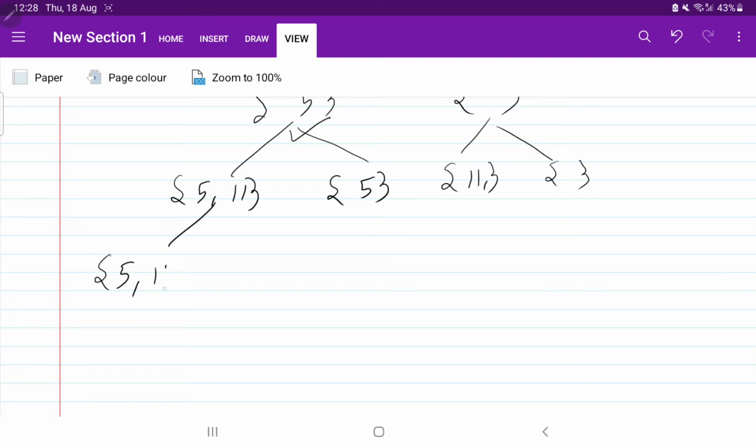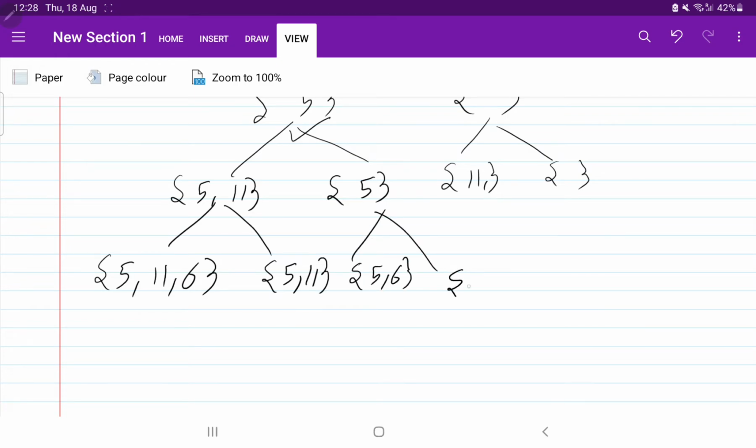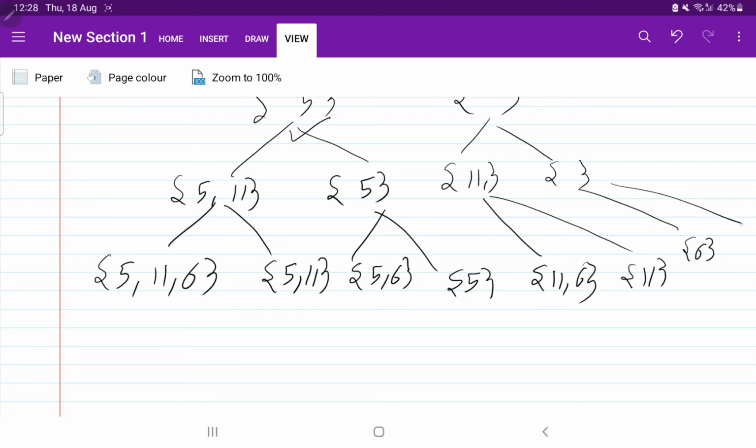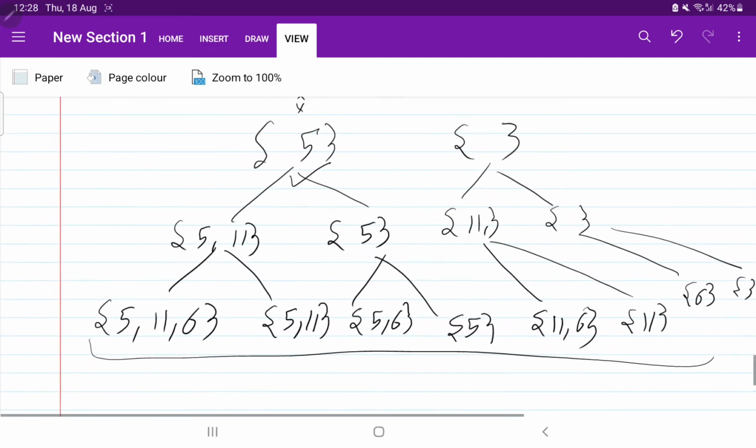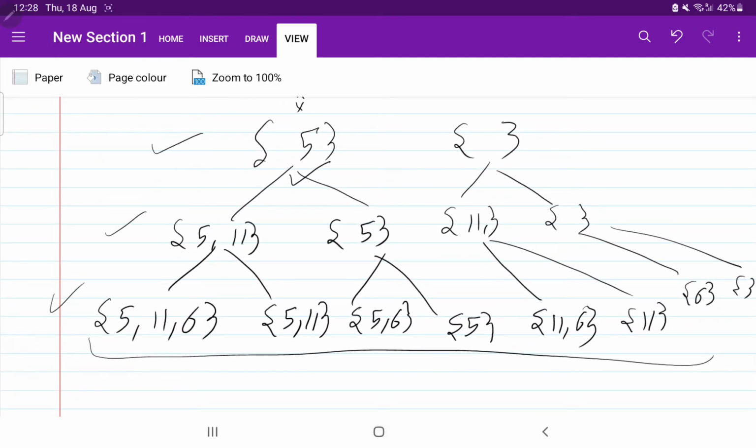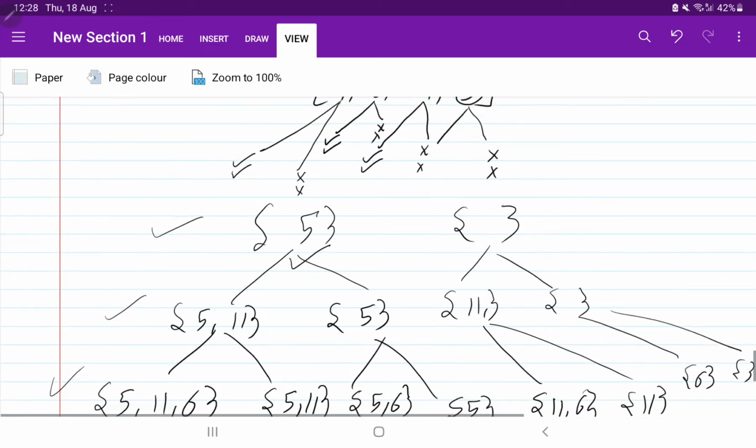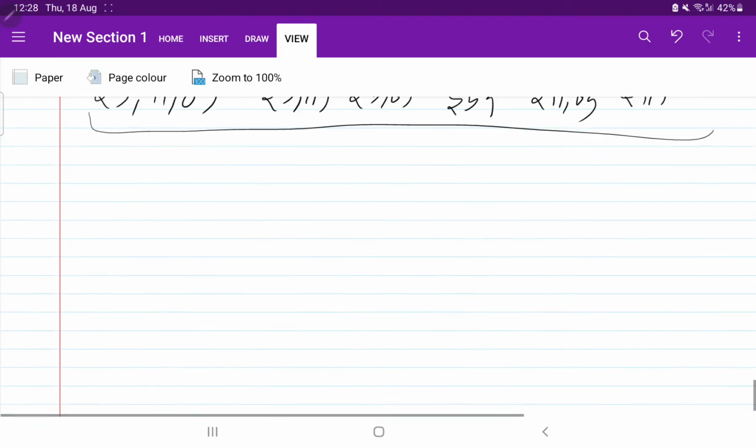Should we choose 6 or just leave 6? Here also we have the same choices at each branch. Like this, recursive calls are going to be done. So like this we have to take the decision on each element.